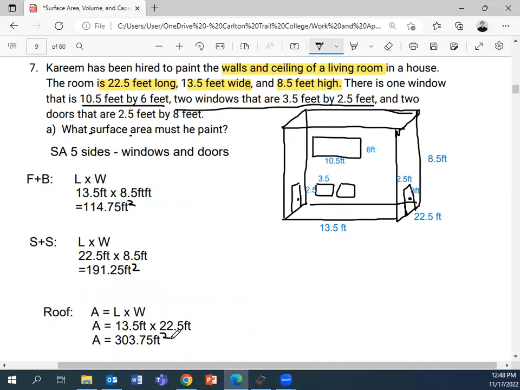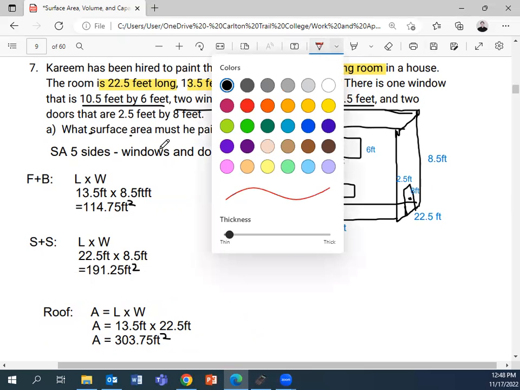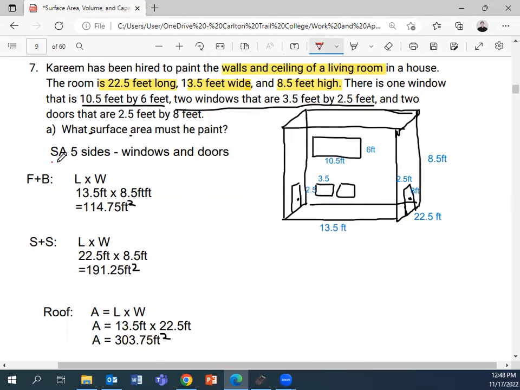Does it make sense where I got all these figures from, right? Cool. So I have made myself an equation to answer this, which was the surface area of 5 sides minus the windows and doors. I now have half of that, don't I? I have the total surface area of this whole thing as if there was no windows and doors in it. So how can I figure this out?